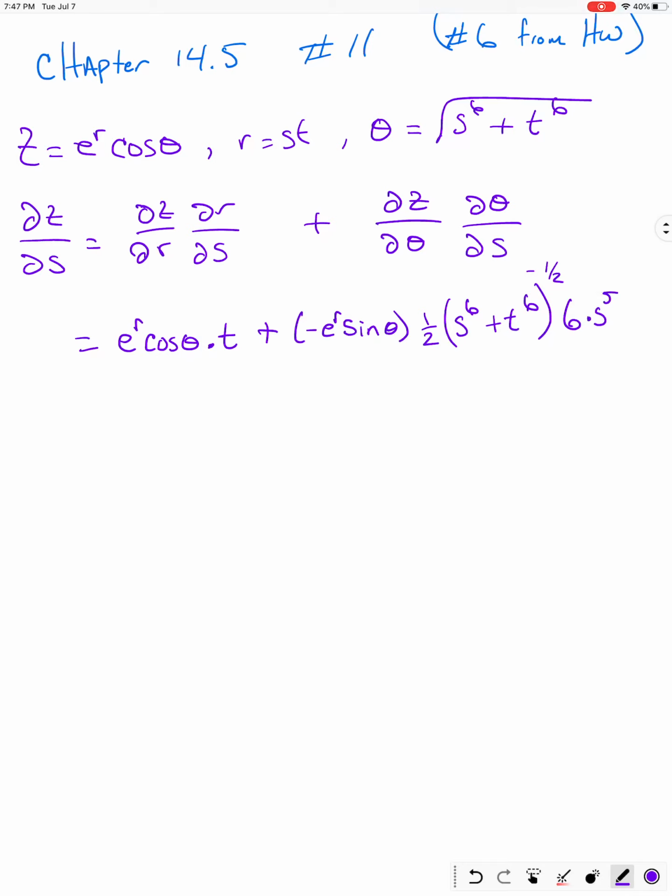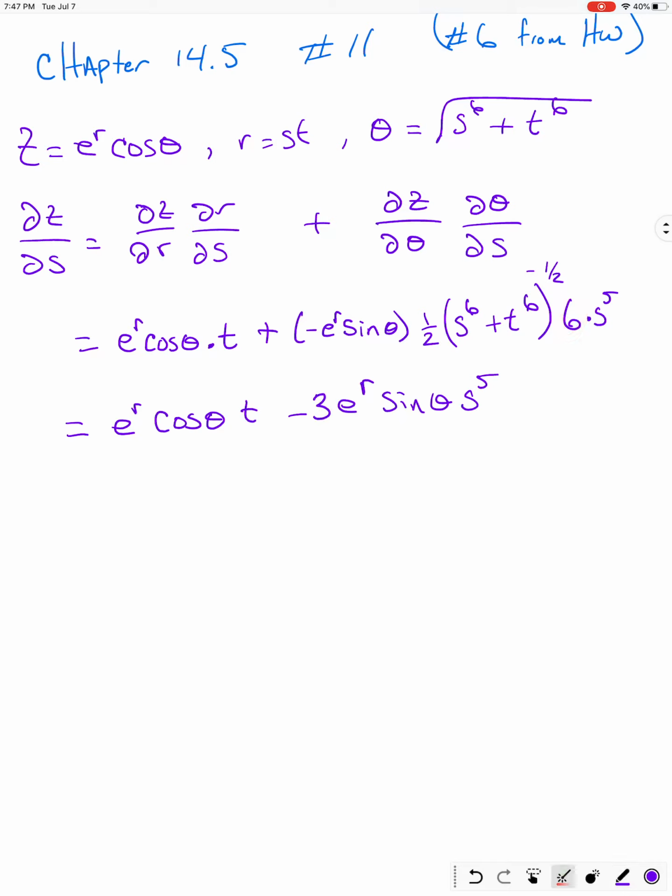And now I'm finished. I can simplify that a little bit. So e to the r times cosine of theta times t minus e to the r times the sine of theta, and then I can write s to the 5th times s to the 5th. And then this half and this 6 put together make a 3, so I'm going to write a 3 out front.